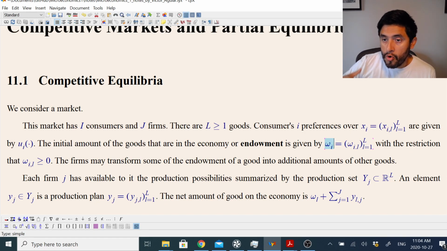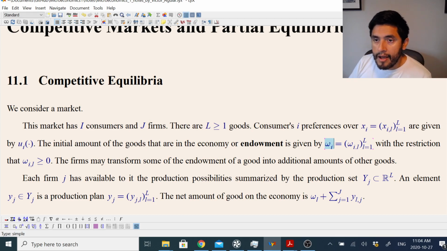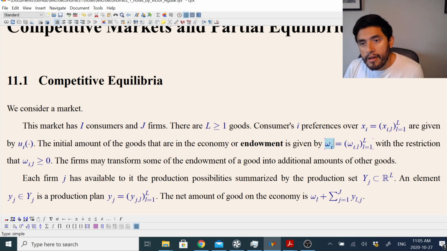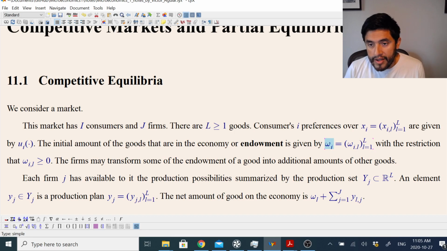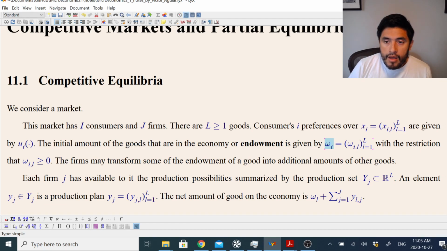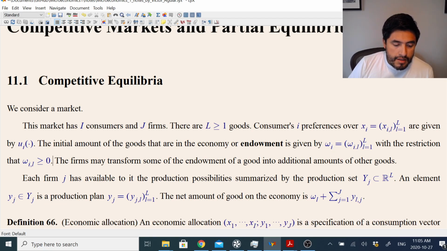He or she will assign different levels of apples and oranges according to the initial conditions of the experiment. So omega i, for instance, can be 6 apples for individual 1 and 4 apples for individual 2, and then the opposite in terms of oranges for the two agents, such that the apples and oranges held in the economy are equal to 10. We're going to assume that initially these agents have at least weakly positive quantities of endowments.